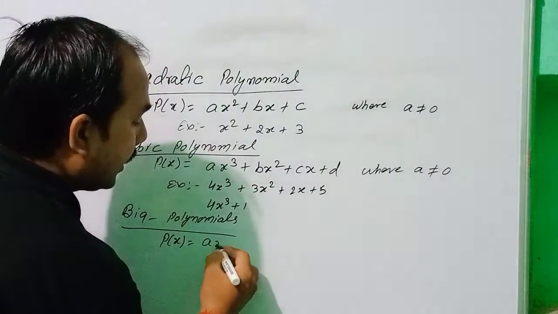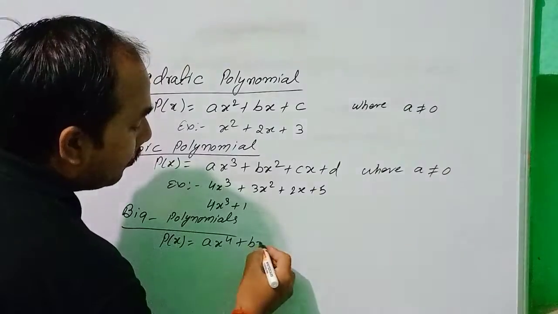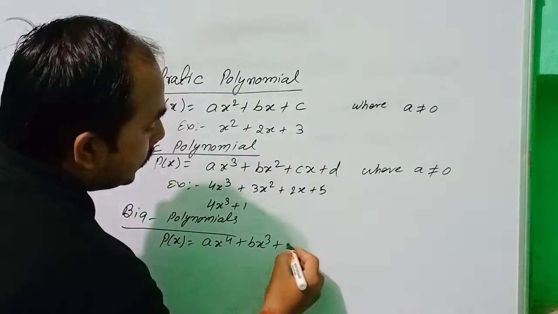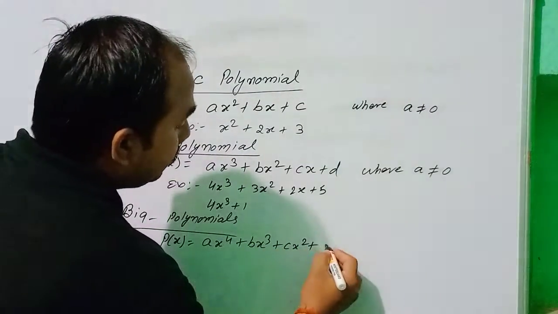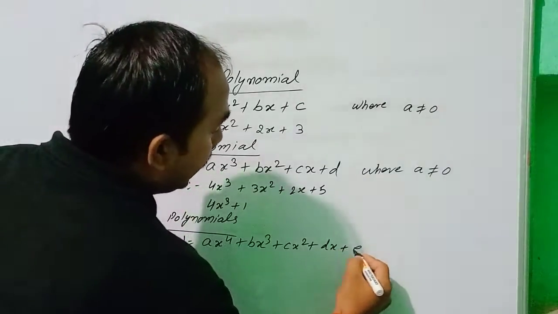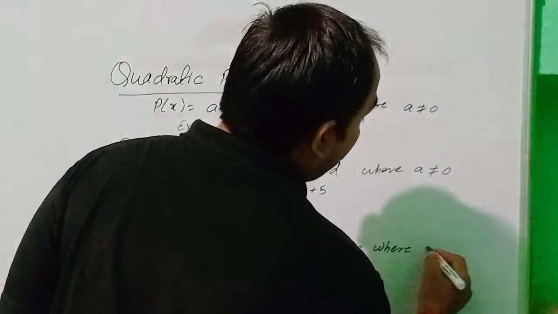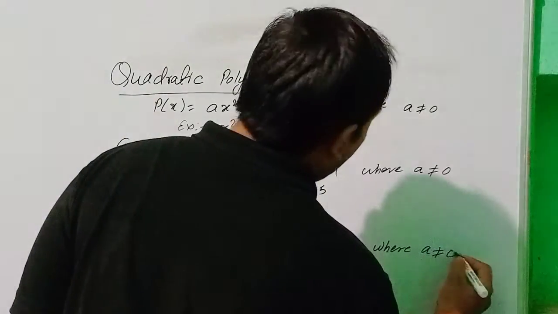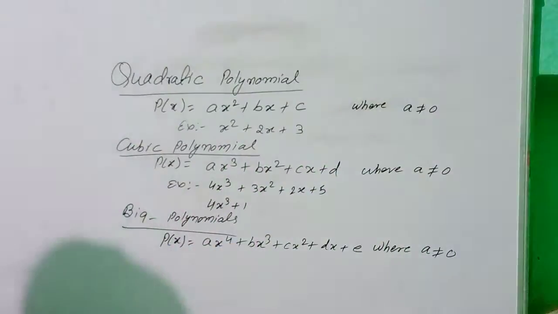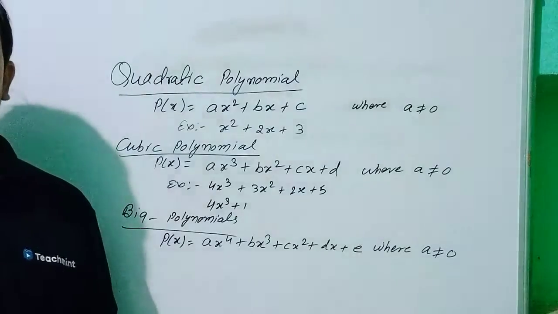Suppose we will write ax to the power 4 plus bx cube plus cx square plus dx plus e. Here a is not equal to 0. So this is the biquadratic. Any problem?